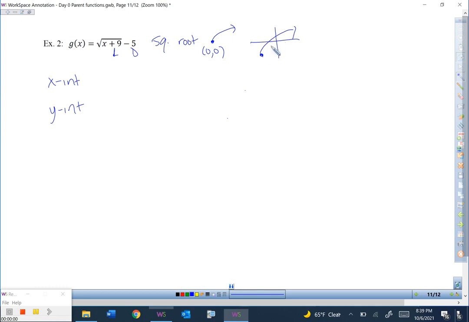There is a possibility that we hit it at 0, 0, where the x would be the y-intercept. Not sure where it crosses over at this point. That's what the math will help us for on those. We do know the end point, though, and we'll write it as negative 9 and then negative 5.